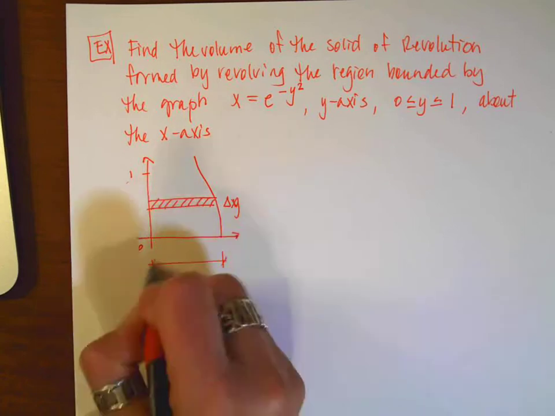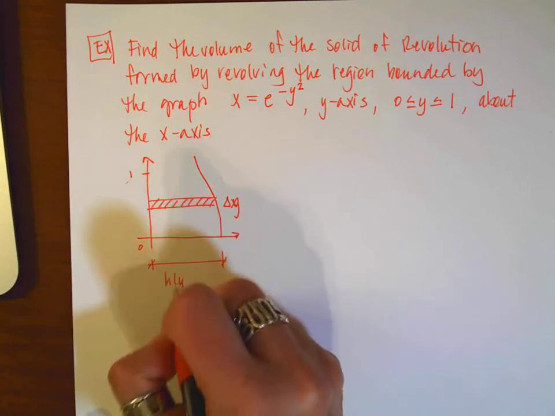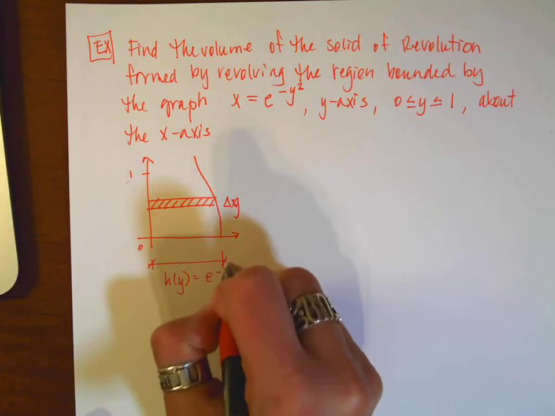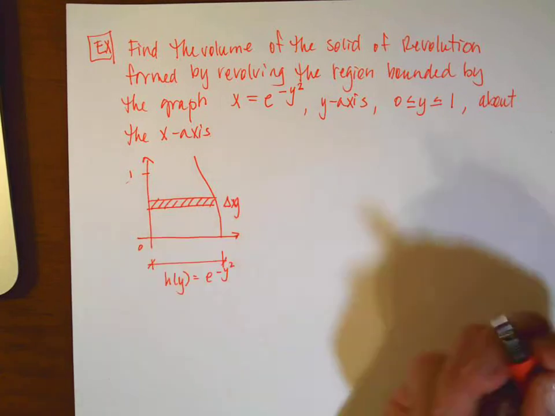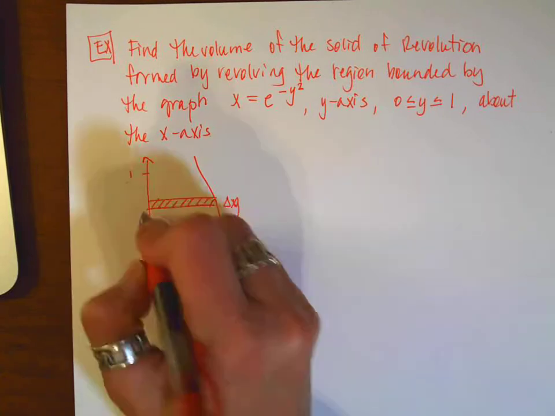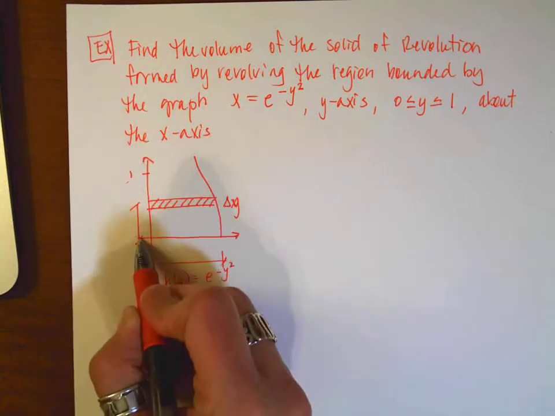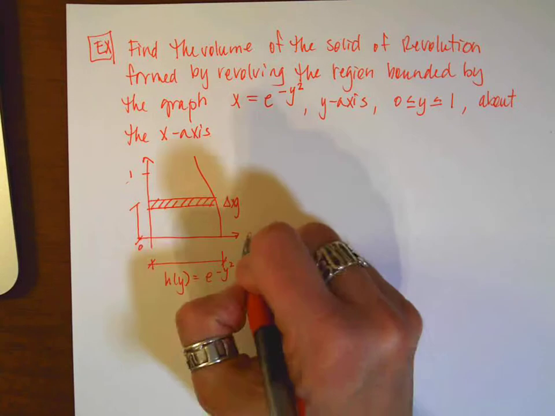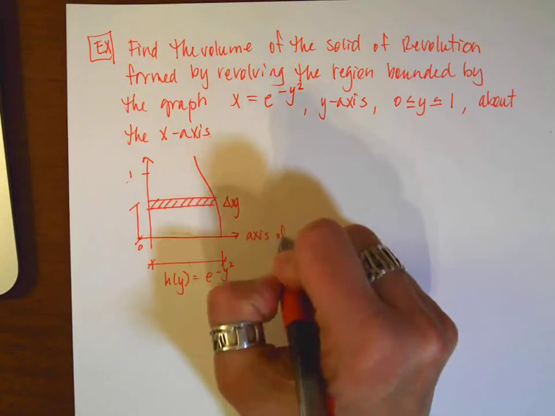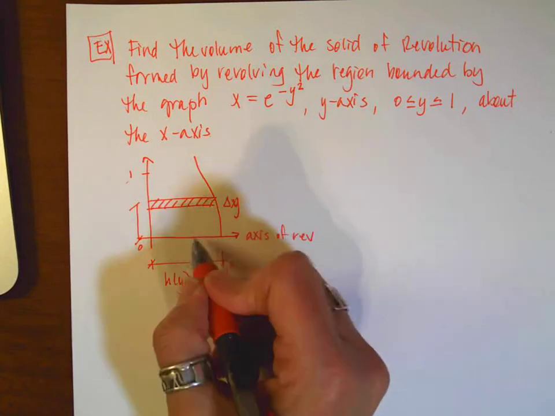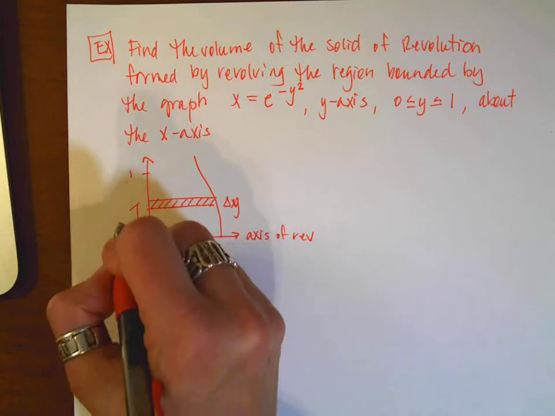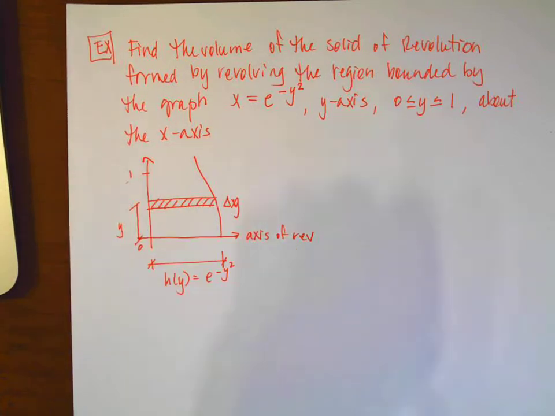And then the height of my little guy, h of y, is e to the negative y squared, okay? And then my distance to the rectangle from the axis of revolution is going to be y. Because this is my axis of revolution, my rectangle is parallel to the axis.